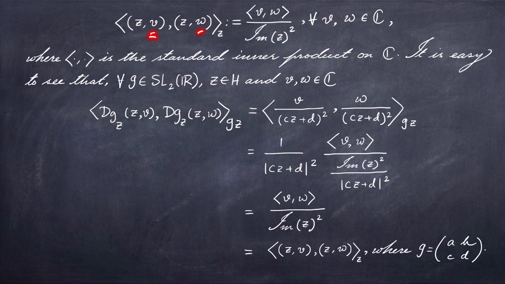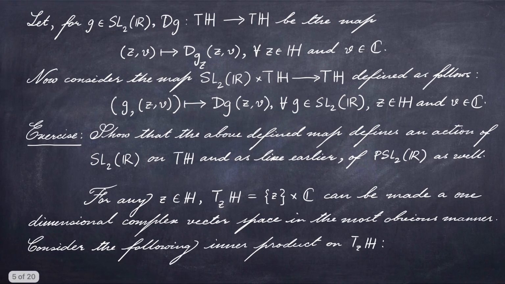We just take the usual inner product of the complex numbers v and w. This is the usual inner product on C, and then we just scale it by this factor, the imaginary part of z squared. So again, let me explain the situation. Of course, you can say that since this is a one-dimensional complex vector space, by its natural identification with C, we can put the most natural inner product on this space.